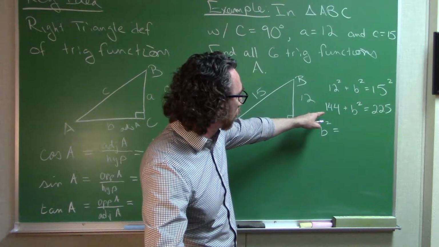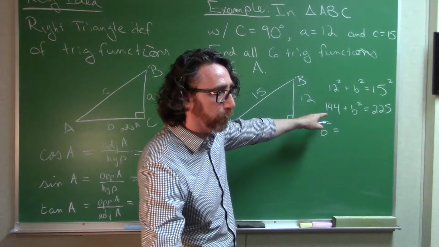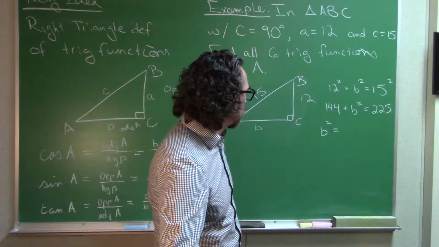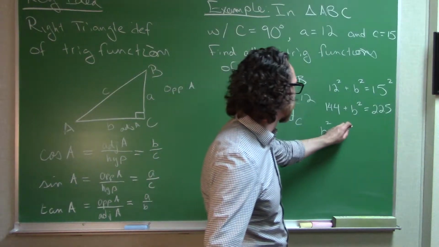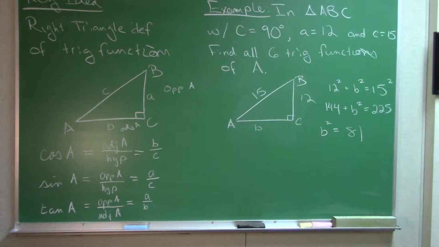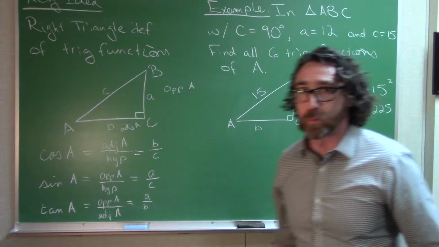I think so. So 225 minus 144 would be 81. Hold on, I'm going to go check that with my calculator. 225 minus 144. Yay, I got it right. 81.